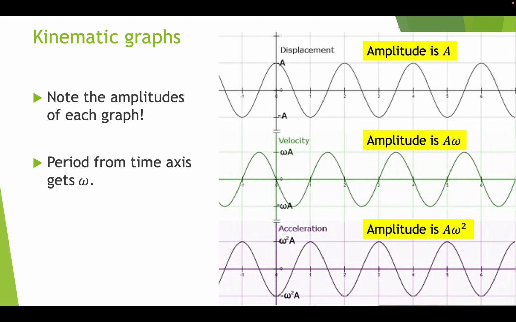It's 2 seconds in this case. If I have period, remember omega is going to equal 2 pi divided by period T. So in this case, my omega would simply be pi. And if you have omega, you can get to k over m or g over L for the spring or pendulum situation.